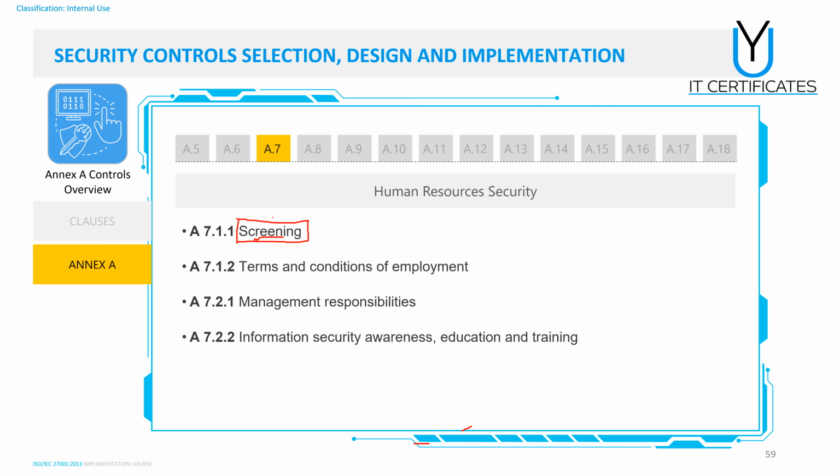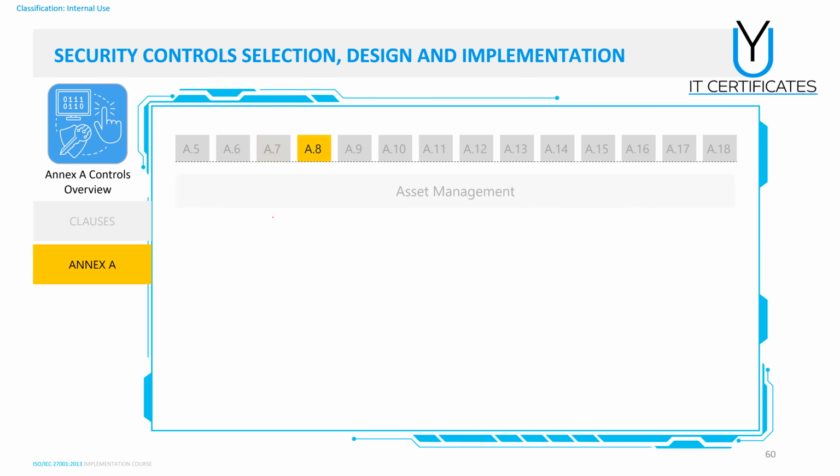These are the reasons why HR security is considered one of the important security controls highlighted by ISO 27001 to protect the organization and help the organization to achieve its objectives and goals.